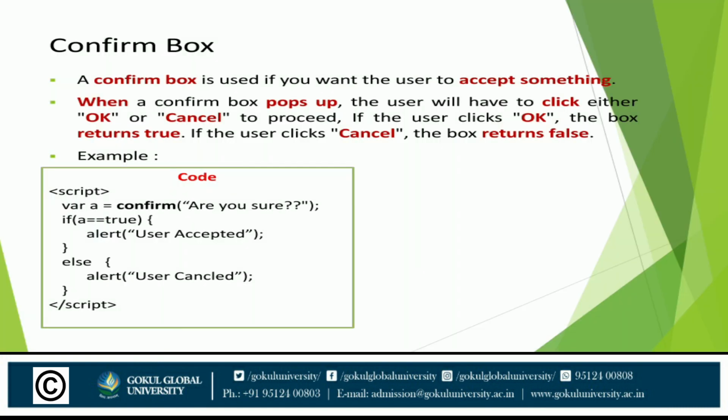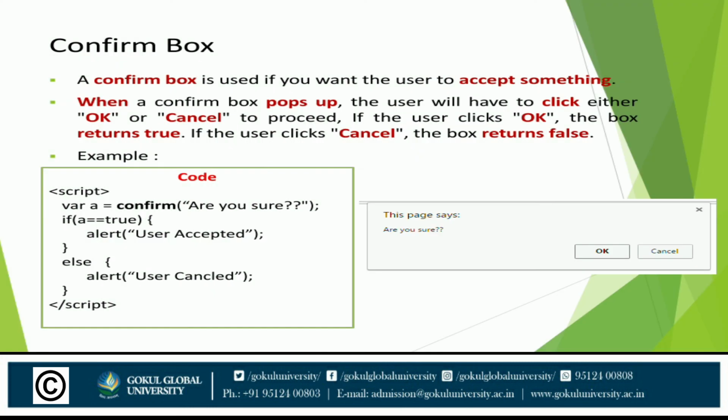In this type of pop-up box, in which a message about confirmation is displayed, it has two buttons, OK and cancel. A confirm box is used if you want the user to accept something. When a confirm box pops up, the user will have to click either OK or cancel to proceed.